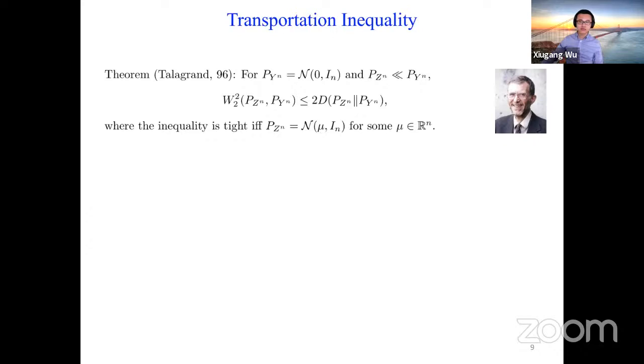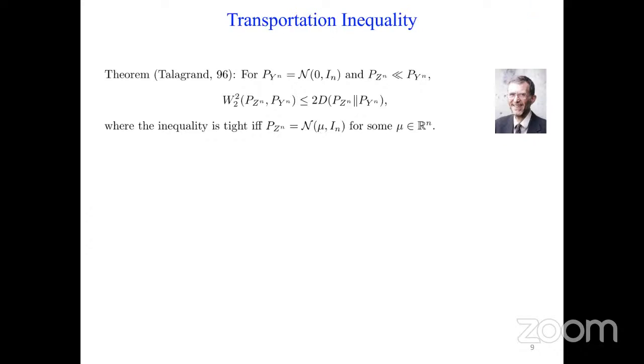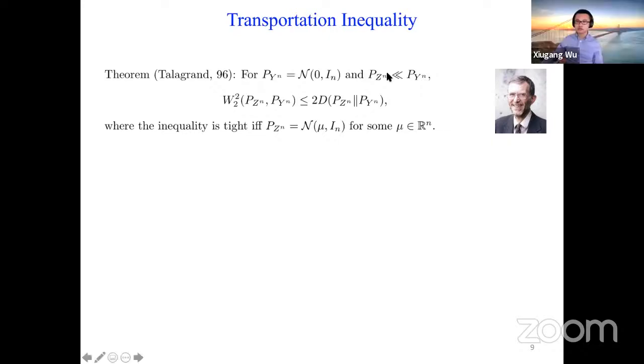So I guess a remarkable feature, yes. So I might have missed what you said. What is the notation P_Z^n less than P_Y^n? What does that mean? Oh, this is to say it is absolutely continuous, in the sense that if a set under this measure has probability 0, then under this measure it has to have 0 as well.